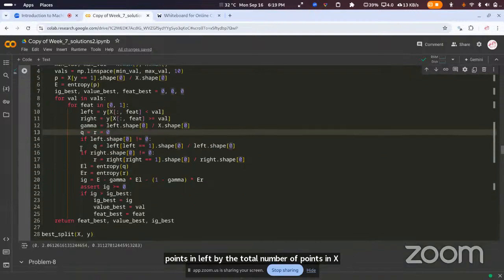After doing this, we are checking whether the left has a value. If it is not equal to 0, then we'll update q, because we want the value of q and r for information gain. We'll update the values of q and r accordingly. This is just checking whether a point belongs to the left class, that is, whether the point belongs to class 1, and if it is accurately predicted as class 1 by the model, then this prediction is accurate, right?